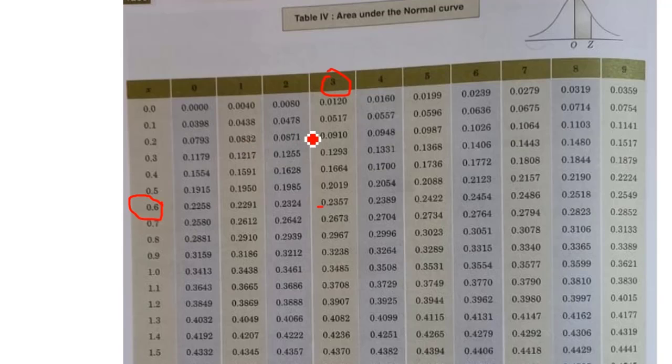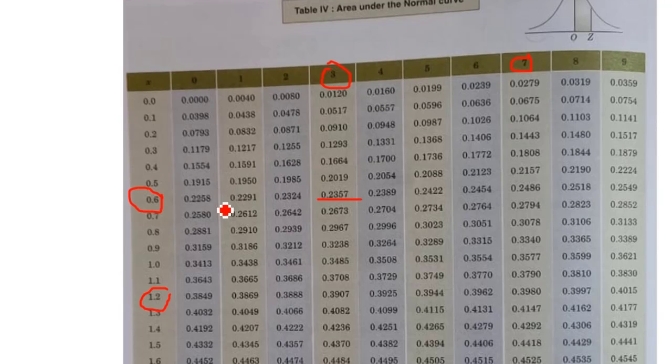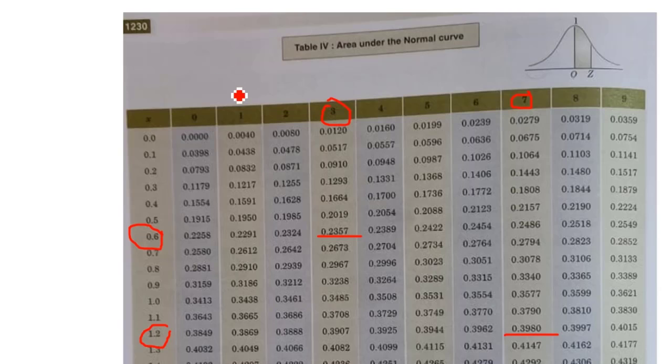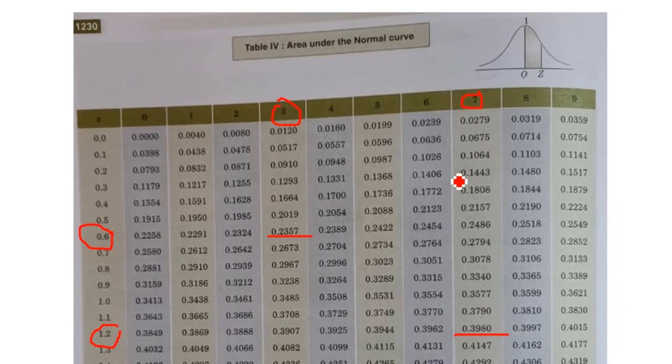If you want to calculate 1.27, here 1.2 is there. Where is 7? Here it is. Where it coincides, the value is 0.3980. Right?